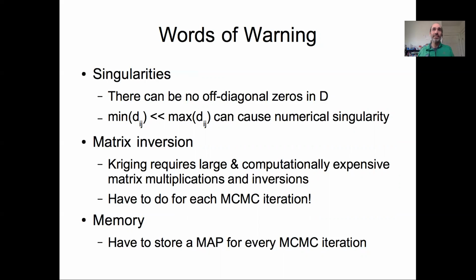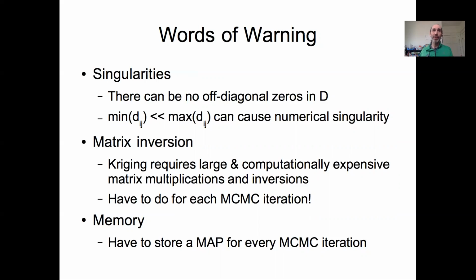And singularities are covariance matrices that either in a pure sense can't be inverted, or in a numerical sense, in practice can't be inverted using numerical routines. So one key part is no covariance matrix can have zeros that are off the diagonal.